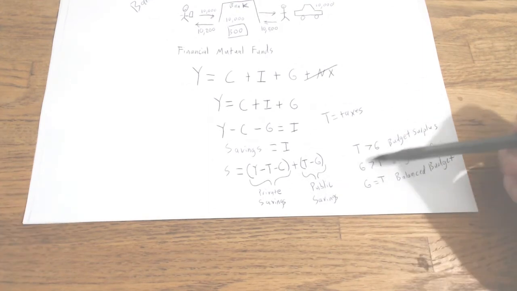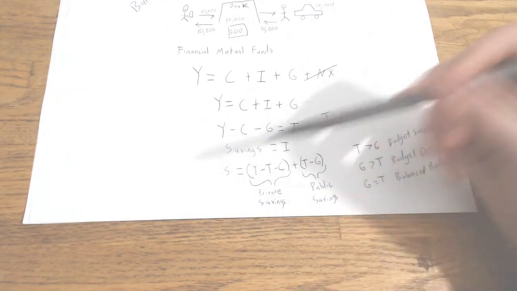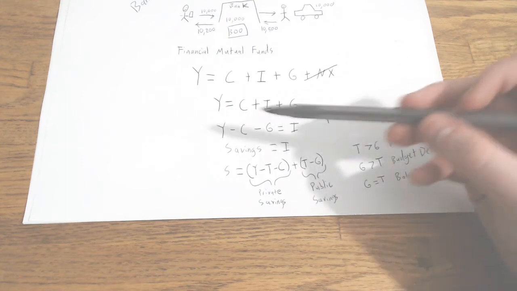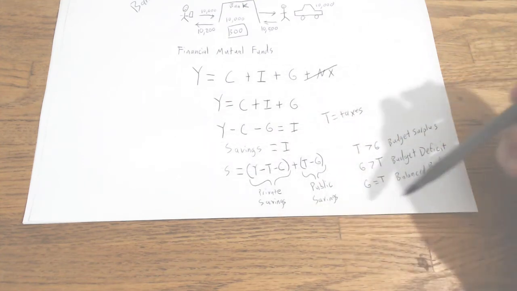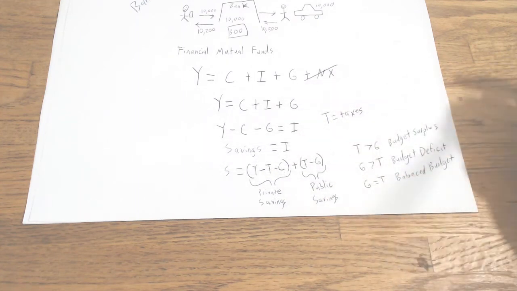So if G is greater than T, this is negative, which means our savings is lower. If T is greater than G, this is positive, meaning our savings is higher. If G is equal to T, this is 0, and our savings would be equal to our private savings.